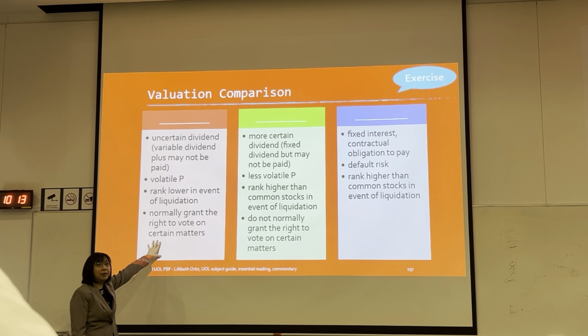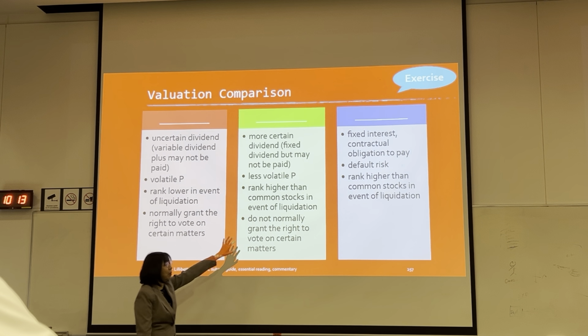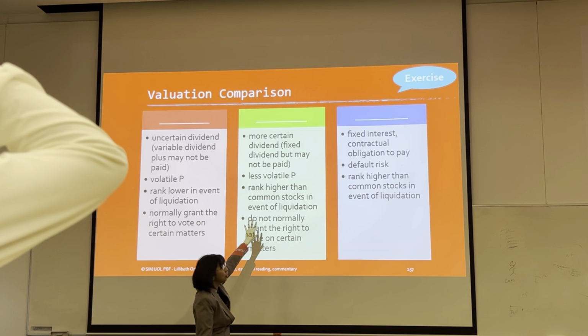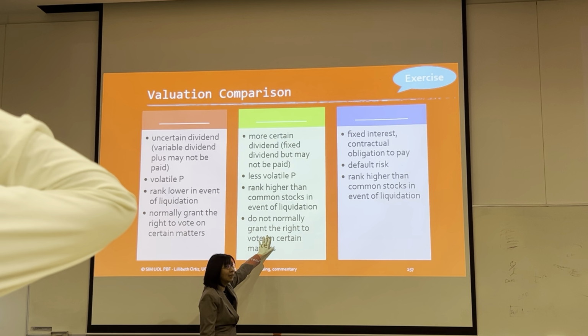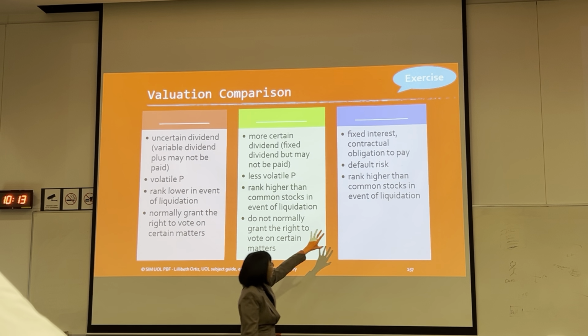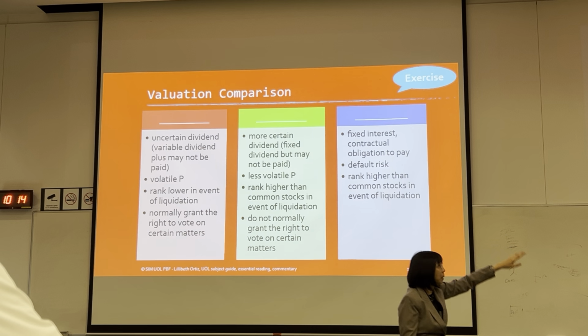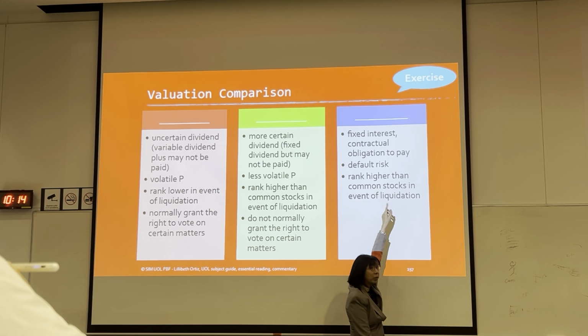So the first one, any guesses? Common stock. Second one? Are you sure? Second one? Preferred stock. And the third? Corporate bond. Yes. It can't be government because it says there is default risk.